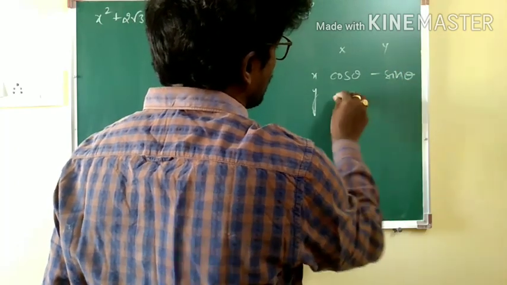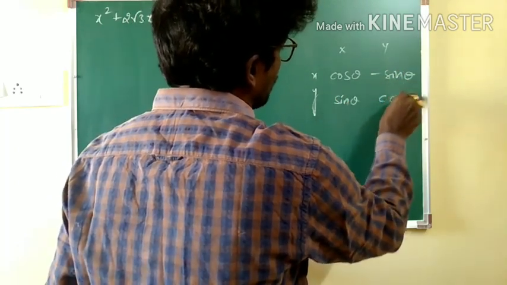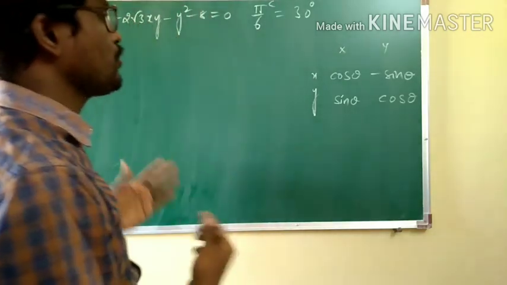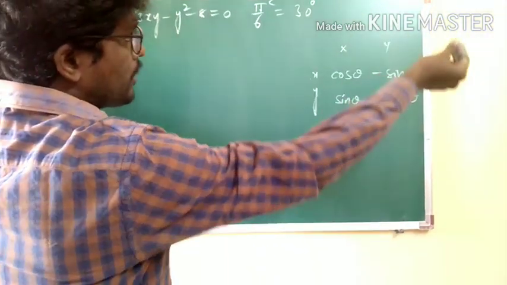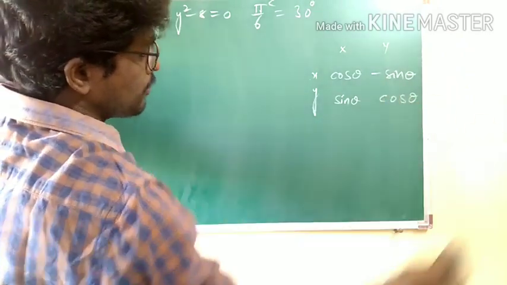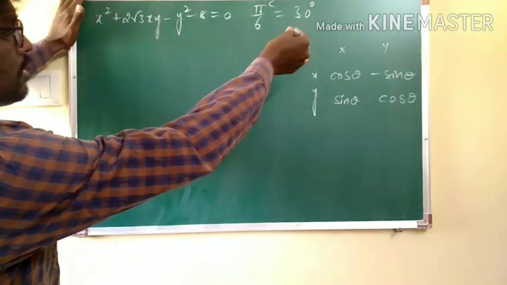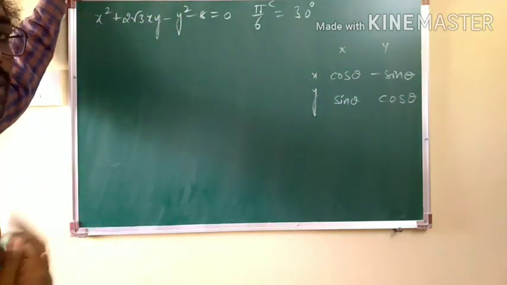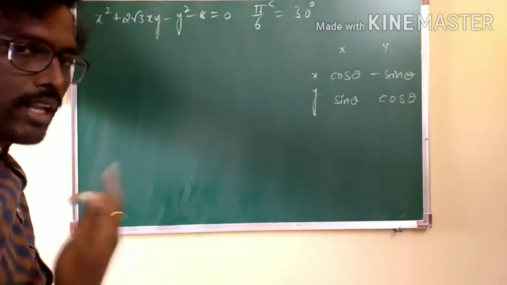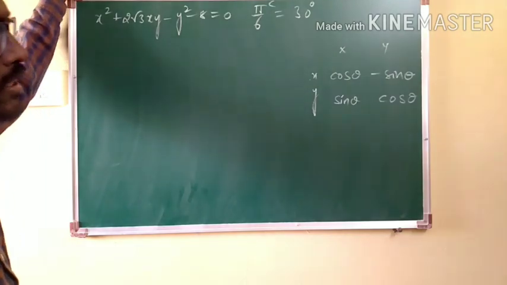We will write the equations in terms of capital X and capital Y, then substitute 30 degrees, and substitute those results in the equation to obtain the final output in terms of capital X and capital Y.